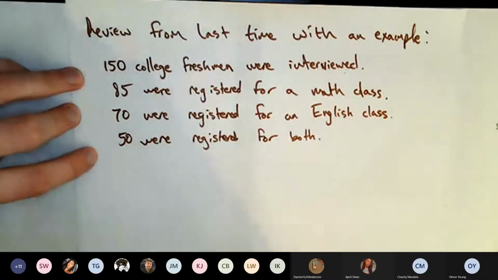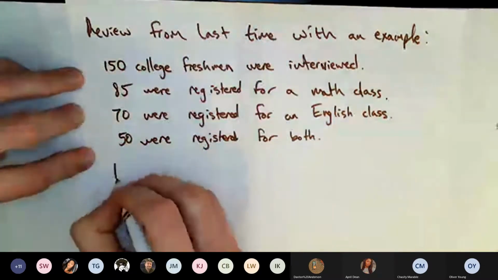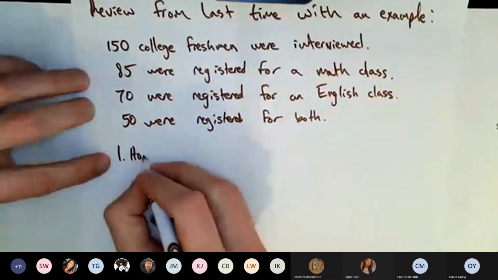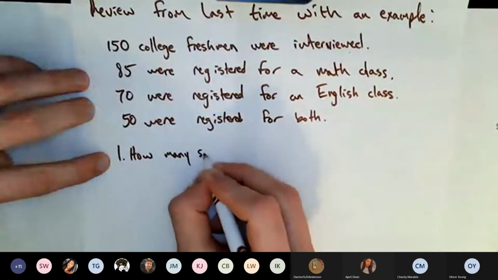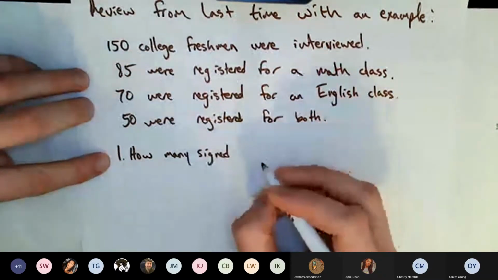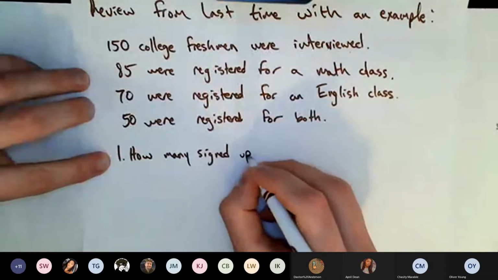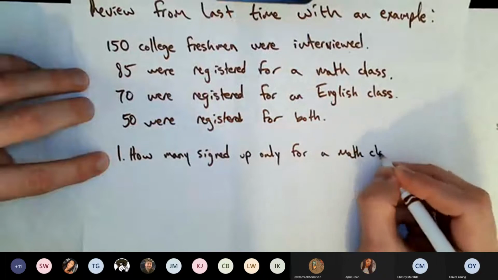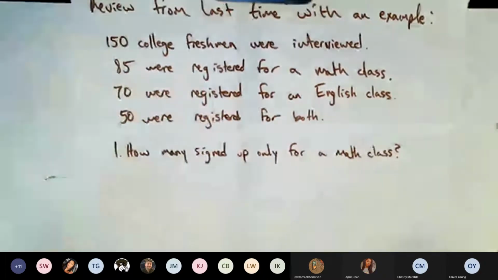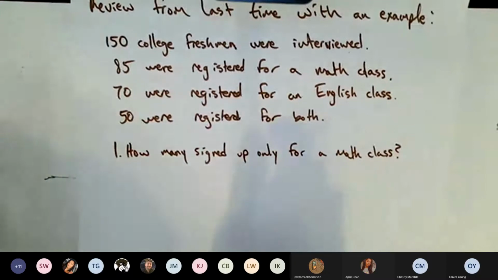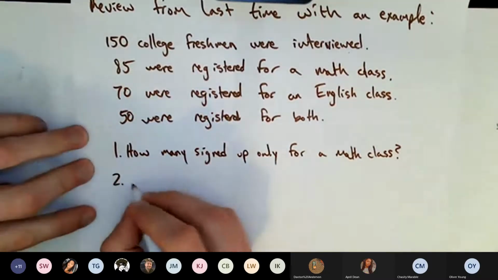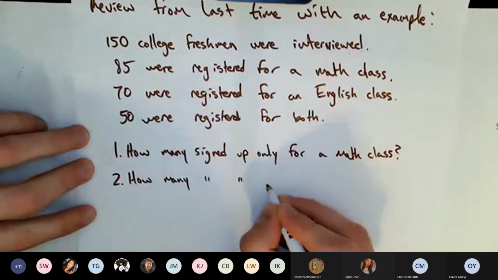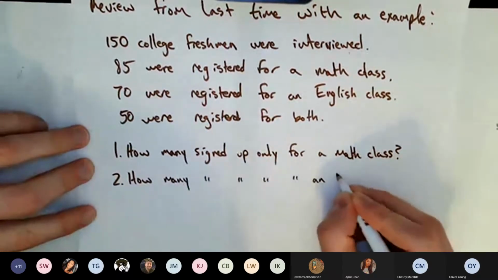Okay, the first question is, based off the data we have here, how many signed up only for a math class? Let's get all the questions down and then we'll build the Venn diagram and then we'll answer the questions. How many signed up only for an English class?